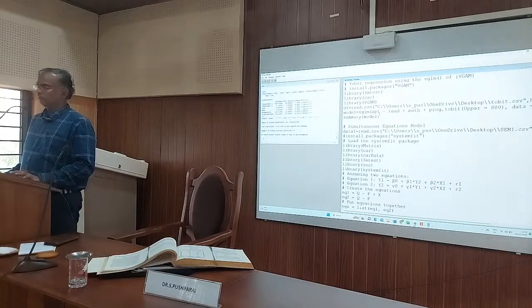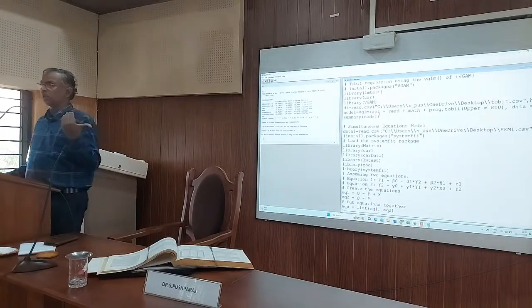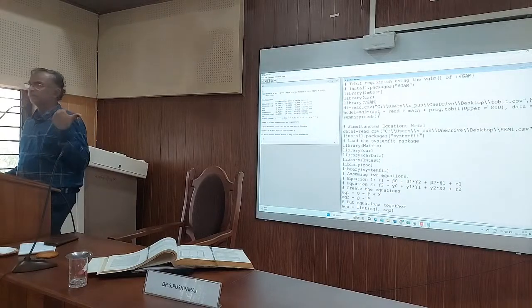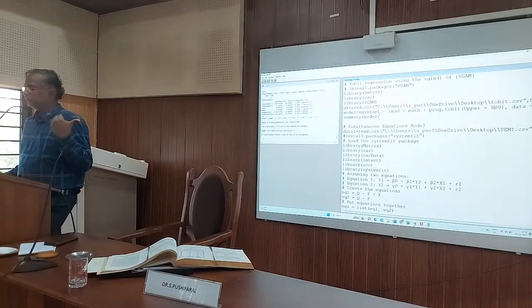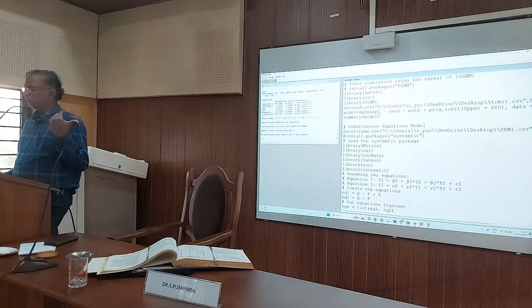We gave this as a dependent variable and some independent variables. And we give some specification for Tobit. We have to tell the censor value, where the value is censored. It is censored at 800. Otherwise, it was very much the same.